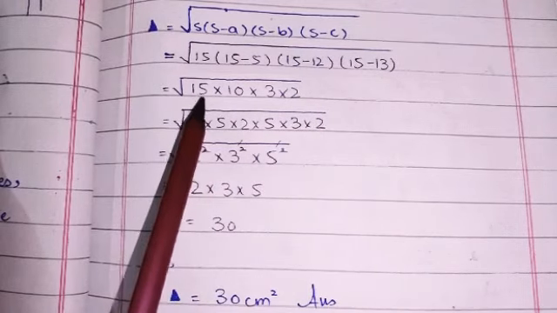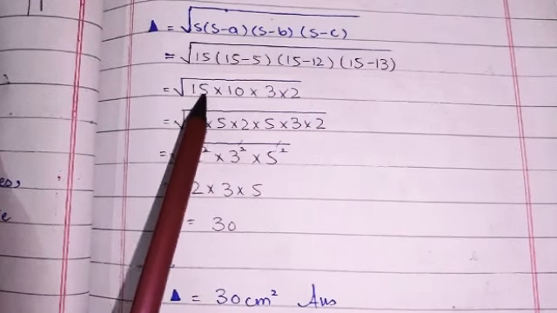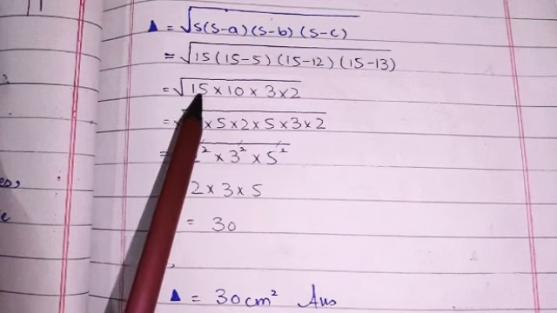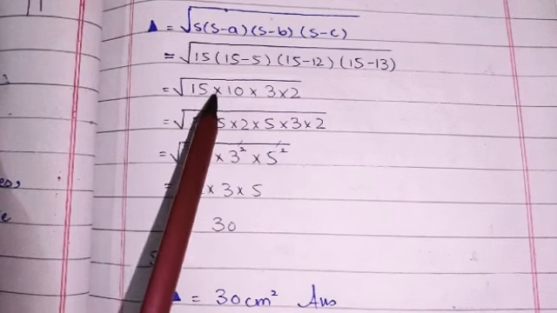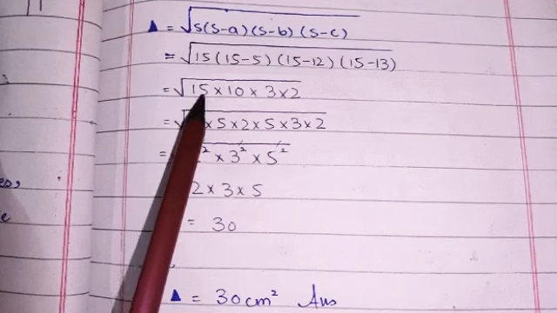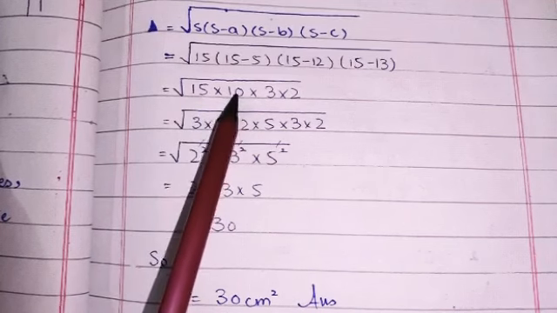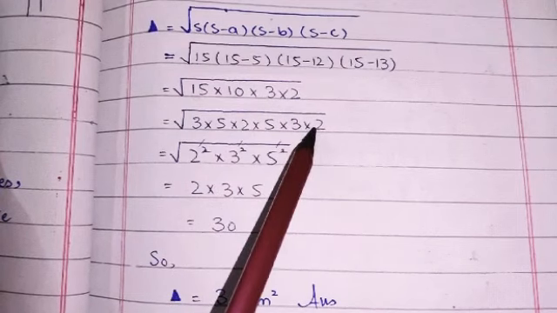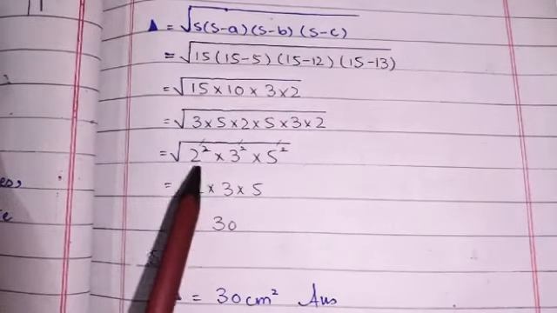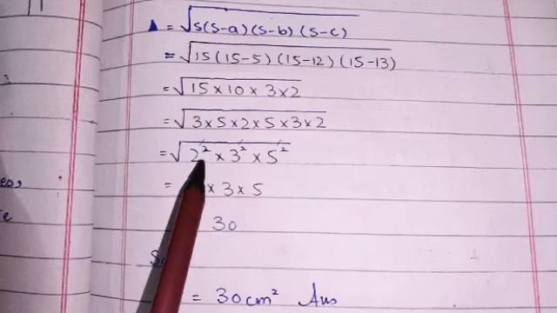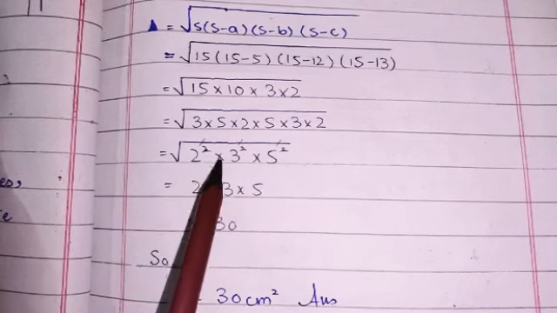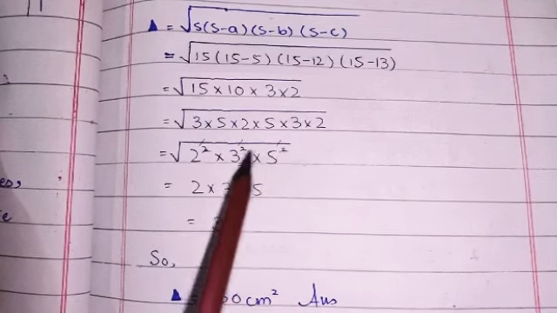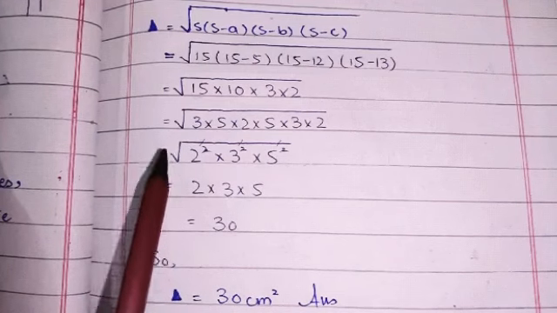Square root of, students, as you can see, the numbers are so small, 15, 10, so we will find their factors without factorization. The factors of 15 are 3 into 5, factors of 10 are 2 into 5. 3 and 2 we will write as it is within the square root. Now students, we will form the square of the numbers. 2 square into 3 square into 5 square, all the squares are written within the square root.